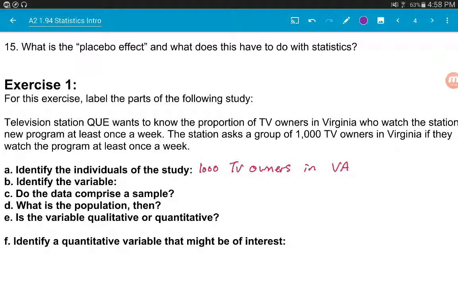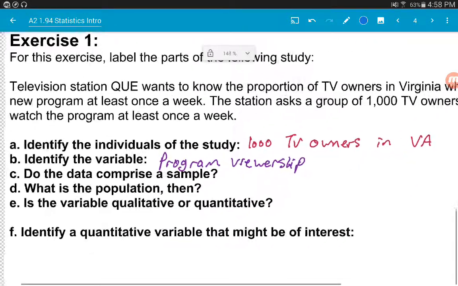So whether or not they watch the TV show. Right, so you could say whether or not they watch the TV show once per week, but I'm going to say program viewership. We're just asking them yes or no. Do you watch or do you not watch? That's their viewership.